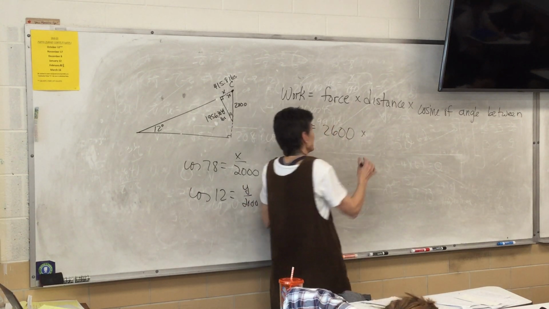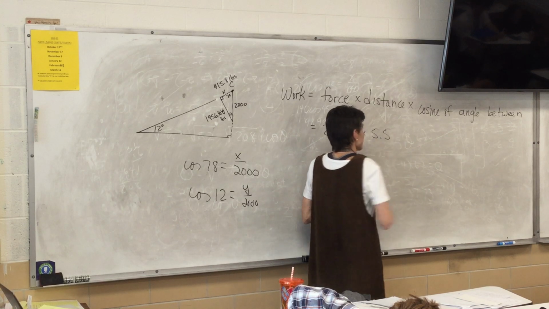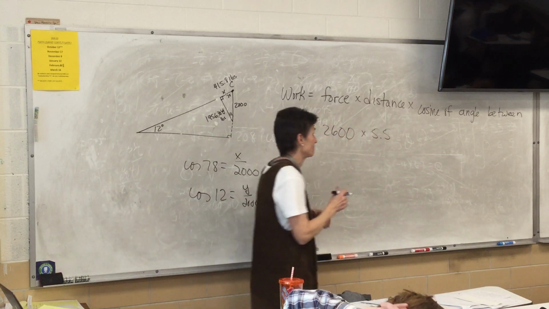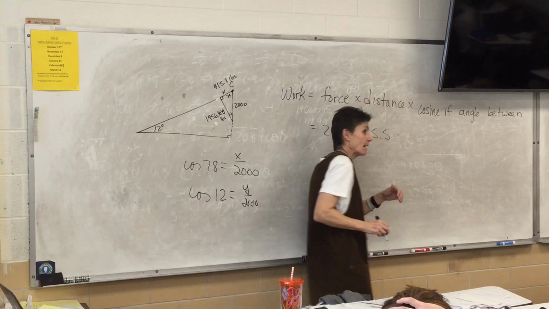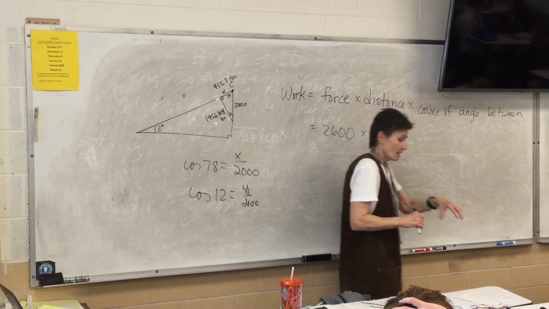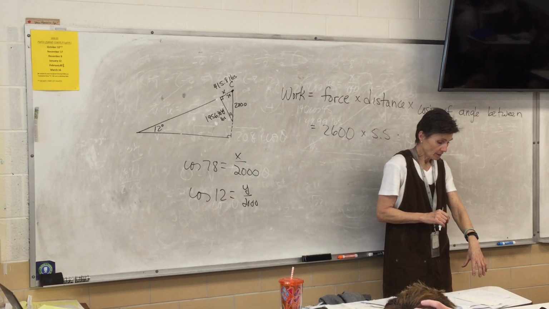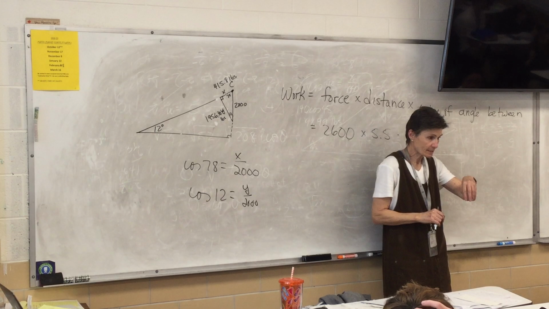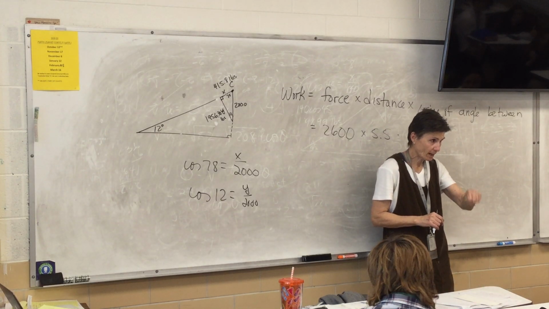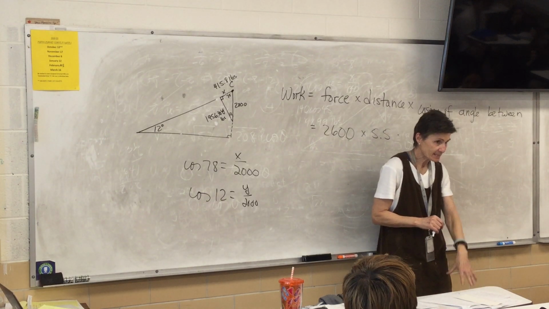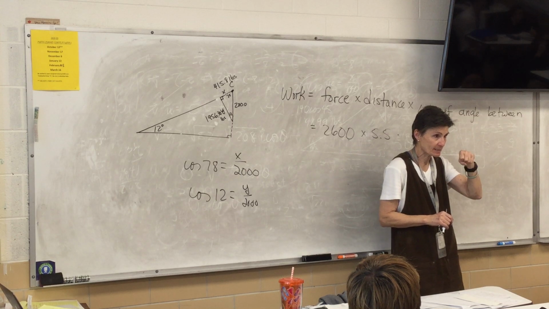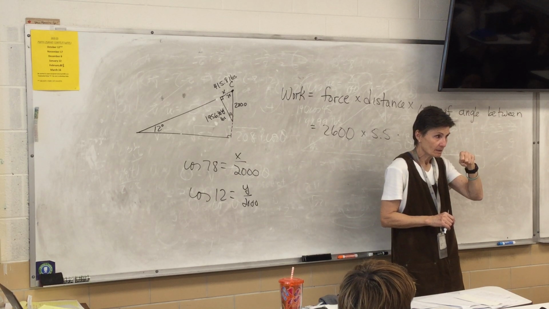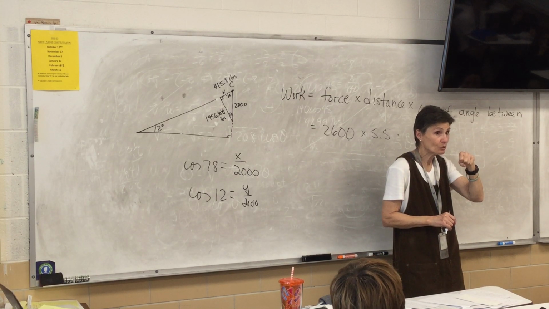The distance I am moving it is 5.5 feet. Now think about it. What is the angle between the force, which is lifting it straight up, and the distance, which is a vertical distance? The angle between those two is 0.